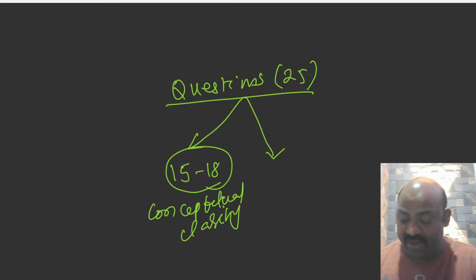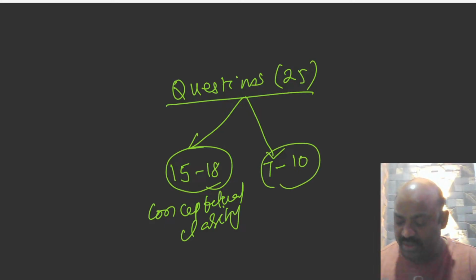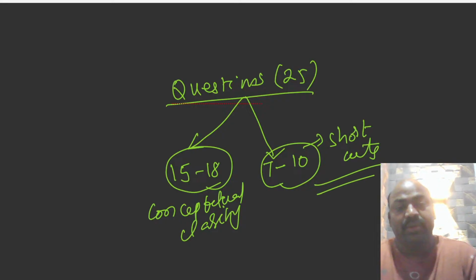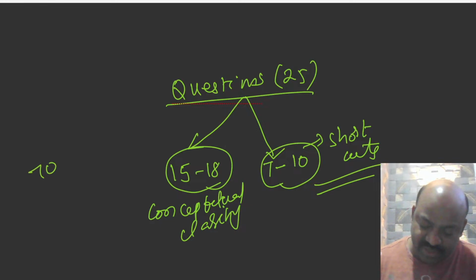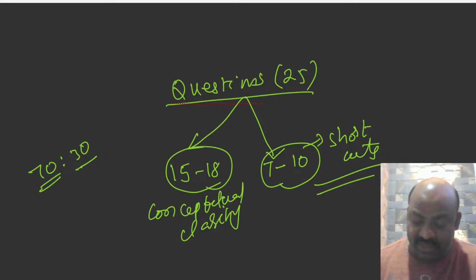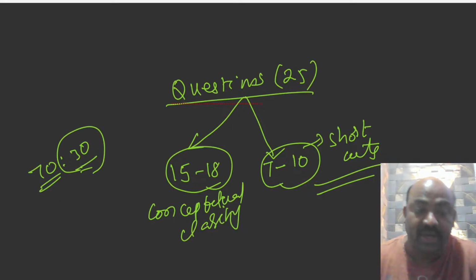The remaining 7 to 10 questions they will do with the shortcuts. Clear? And the paper will be like that only. Generally, 70% of the questions they will give based on conceptual clarity, 30% for shortcuts.